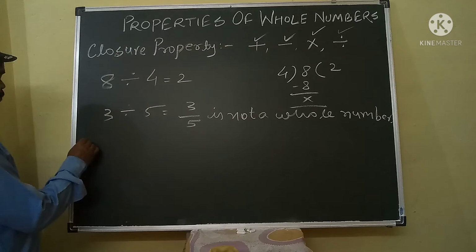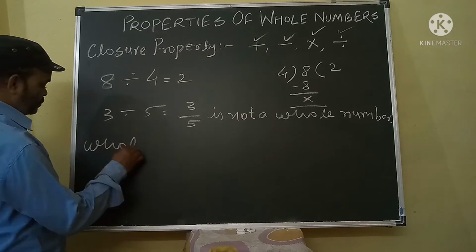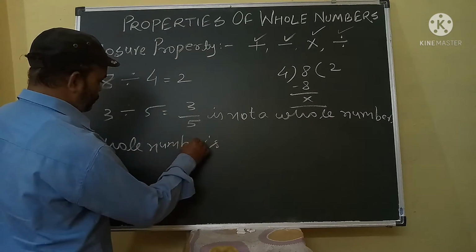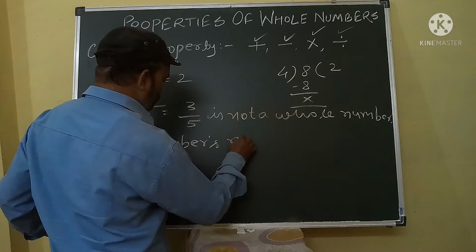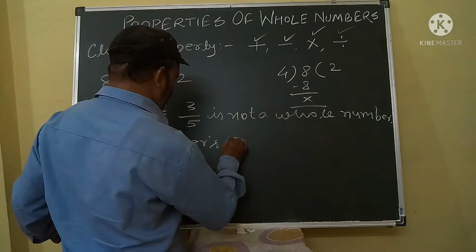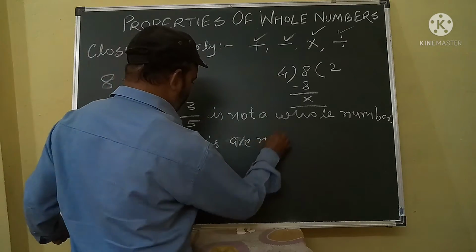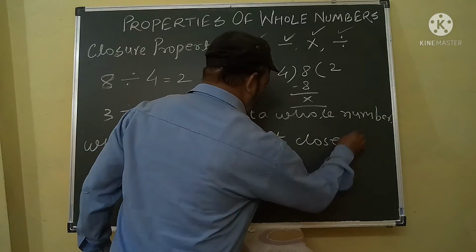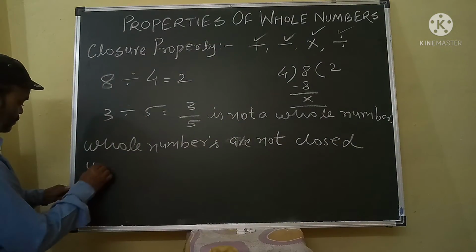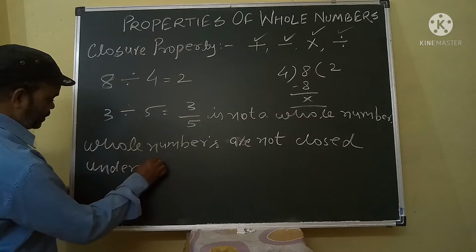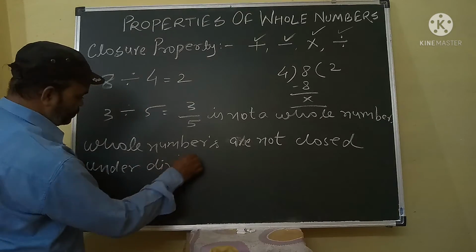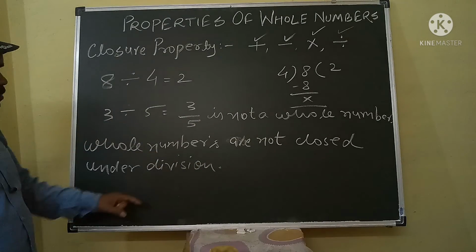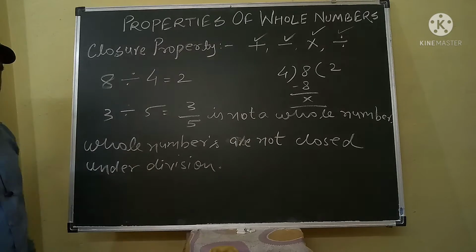Whole numbers are not closed under division. Okay, that is the main basic point. Whole numbers are not closed under division.